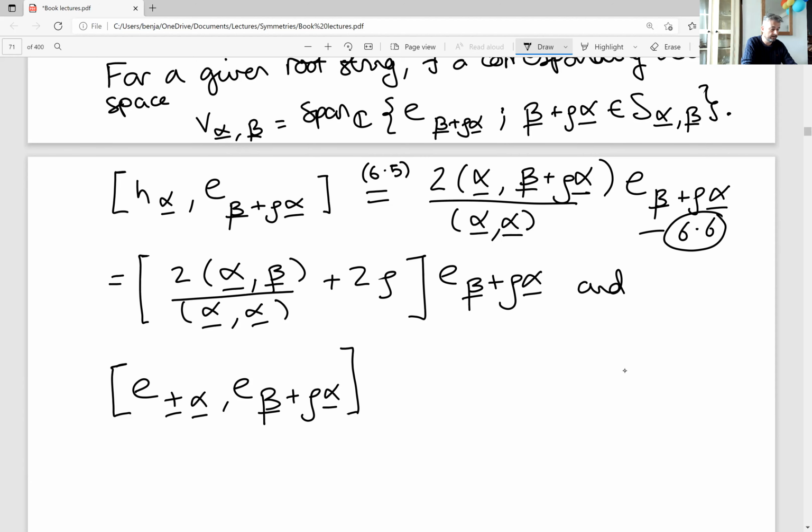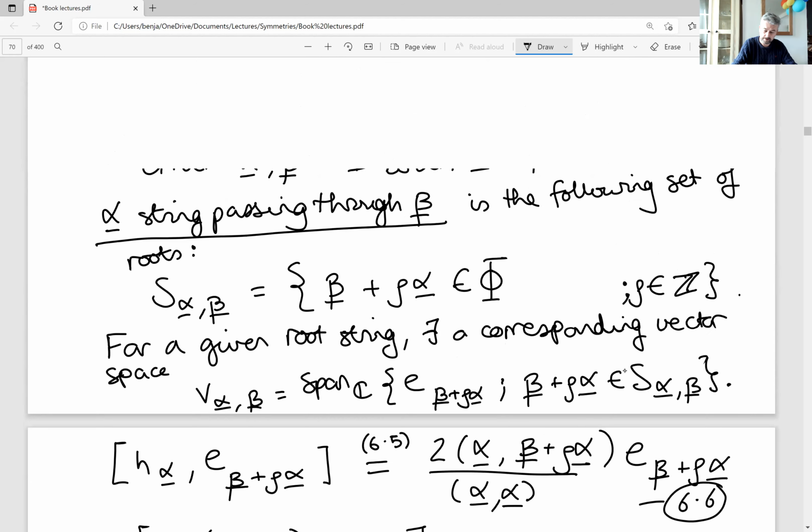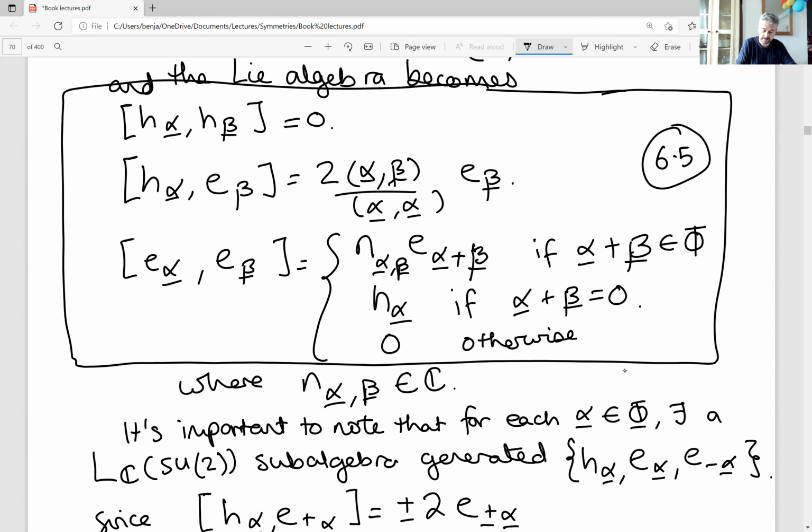So if we look at 6.5, go up and look, we can see that when we have the commutator of two of these E's, it depends on whether the result is in the root set or not.